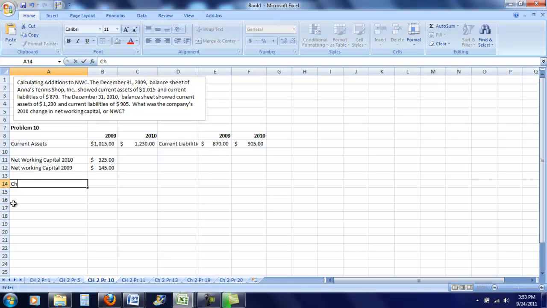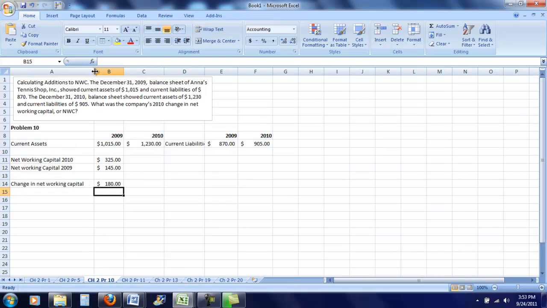So my change in net working capital equals ending minus beginning. Had a little typo there. So equals ending minus beginning, or $180. That is our change in net working capital. We solved all three of these.